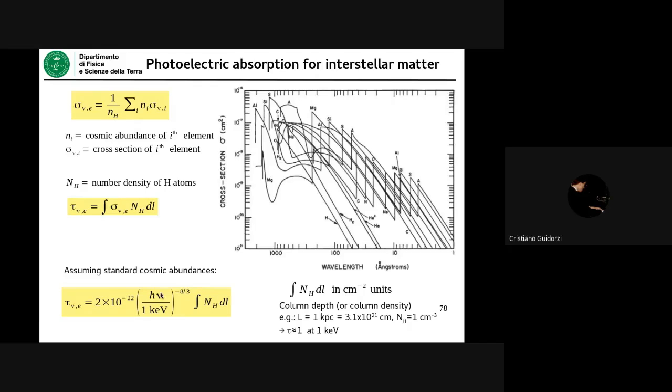So essentially, at which energy, when here h nu is 1 keV, in that case, you immediately see that you have an optical depth around 1 at 1 keV. Indeed, as I told you, the photoelectric absorption in astrophysical context is relevant, typical at energies below 1 keV.